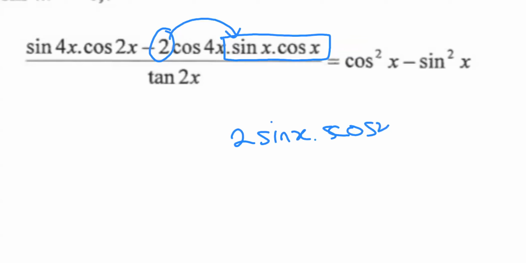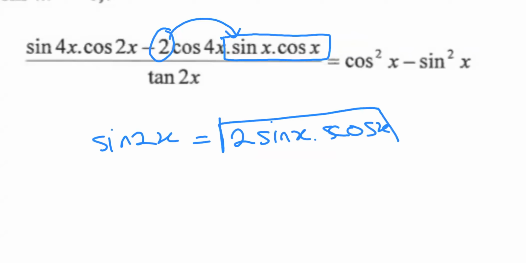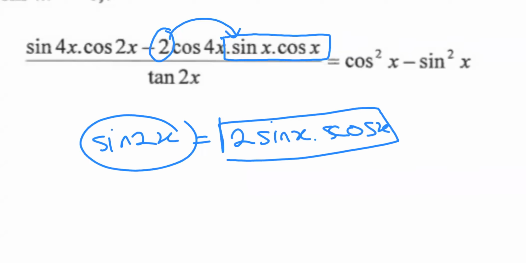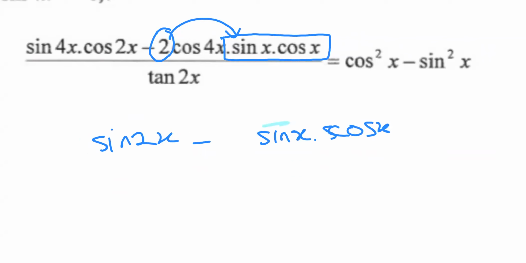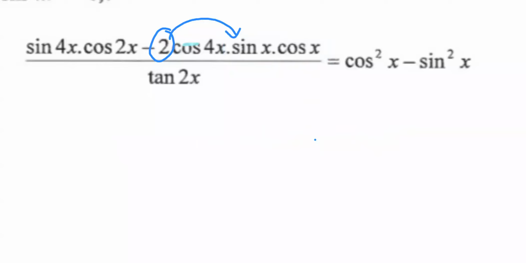Remember, sine 2x is equal to 2 sine x cos x. So this that we have here is going to be equal to sine 2x. And that is a compound angle. That's not what I said, but that's another way of doing it.